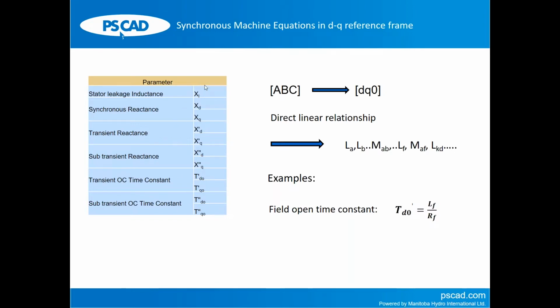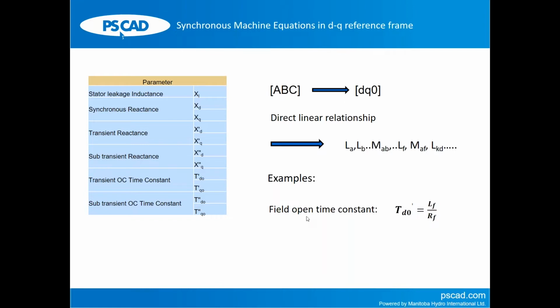This machine data is entered in terms of D and Q quantities. There is a direct relationship because ABC to DQ0 is a linear transformation. There's a direct linear relationship between what you enter and the ABC domain inductances and mutual inductances.